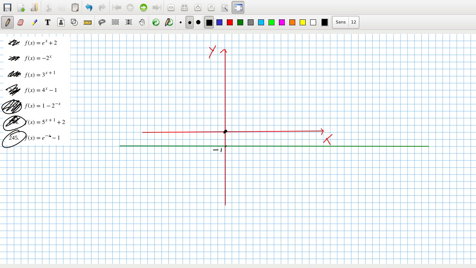If you took x as -1, for example, you would have e power 1, which is 2.7, minus 1 is 1.7. So I don't know, be like about here. And it's coming down. Man, these are hard to sketch.